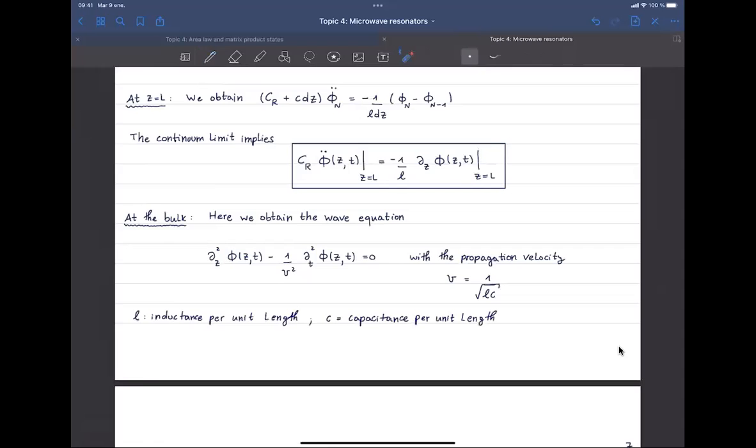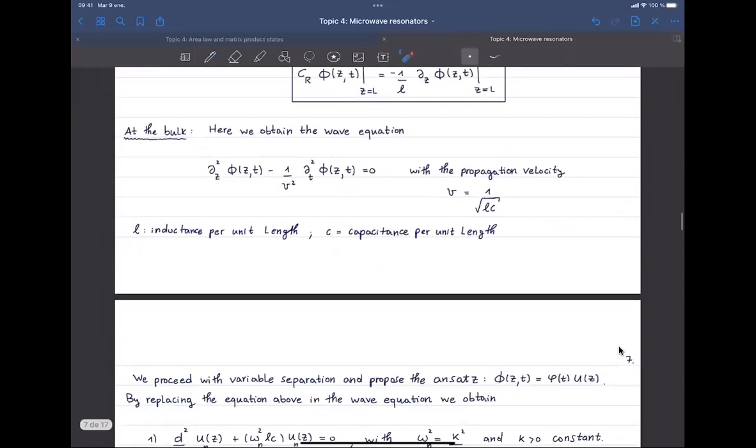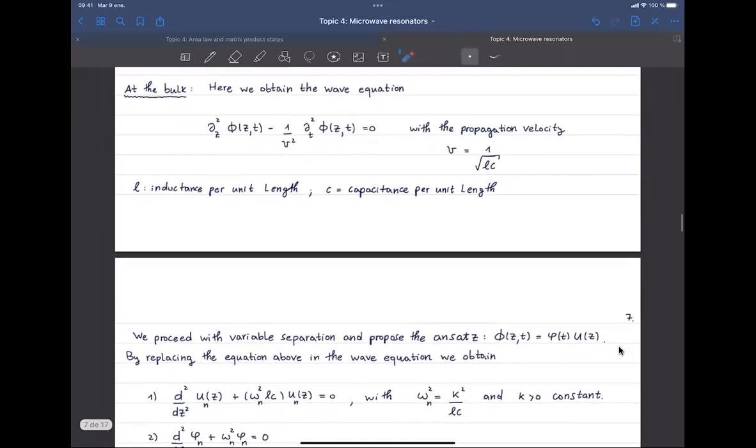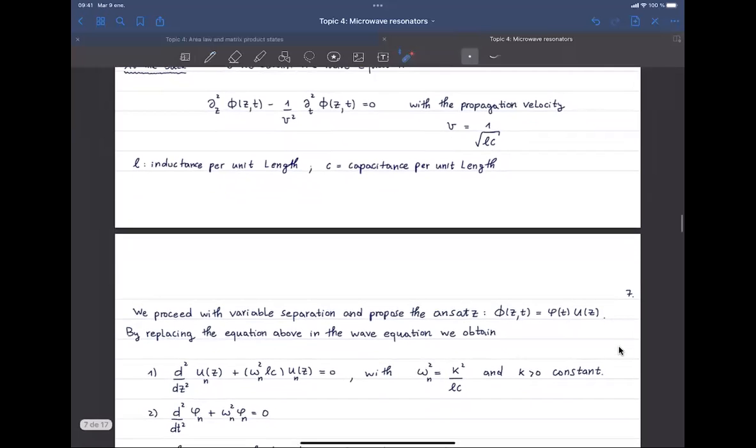So here we start the new discussion. As you probably know, this is a linear equation. In order to obtain a solution for this wave equation, we propose a typical ansatz: we separate variables.